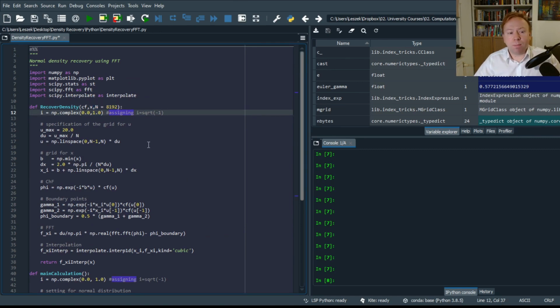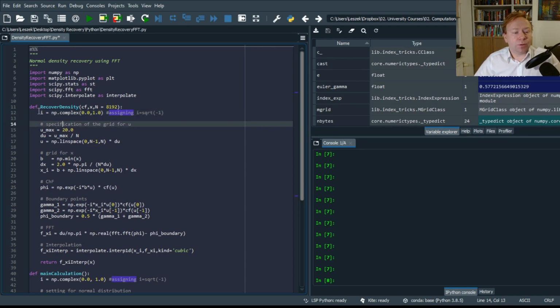You can see those points are rather large, and that's rather typical for Fourier transformation. Those grid points need to be large in order to recover a high accuracy density. Later in this course, we will learn about the Gauss method, which requires much fewer expansion terms, or you can say grid points, but this will be for next time.